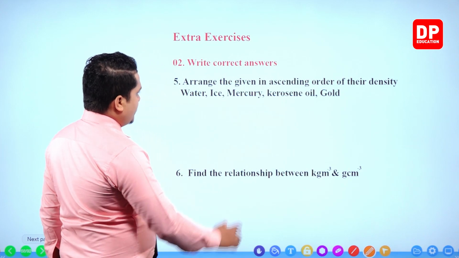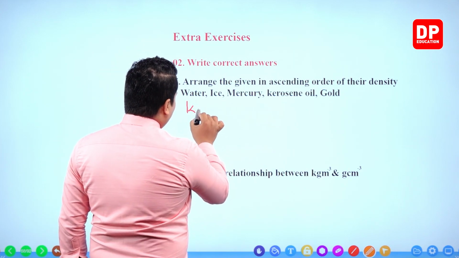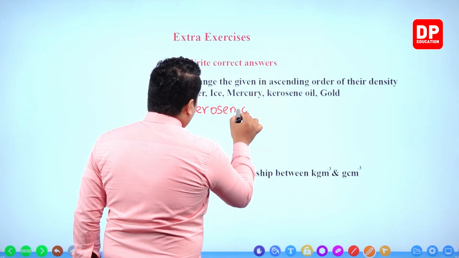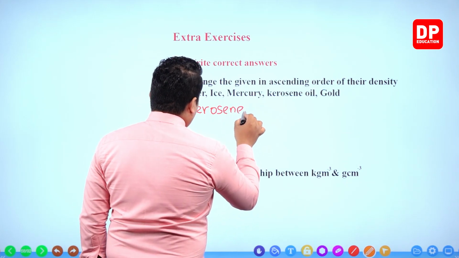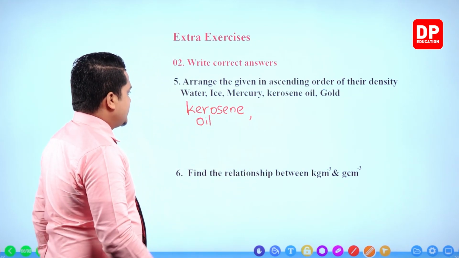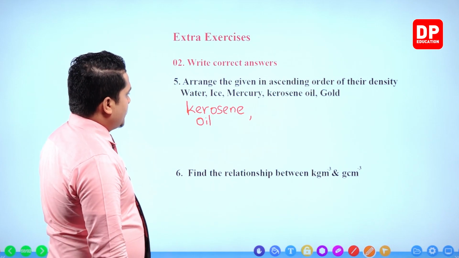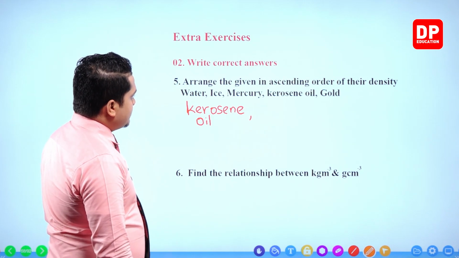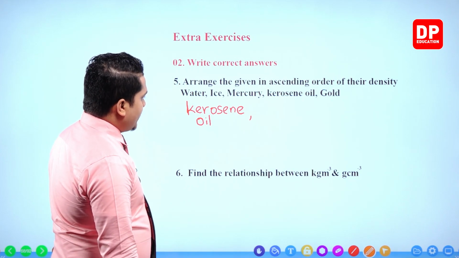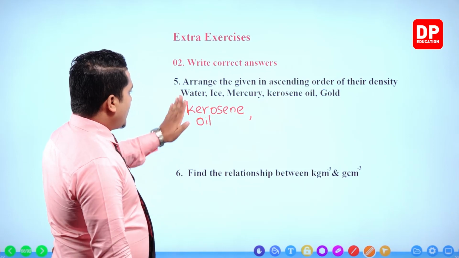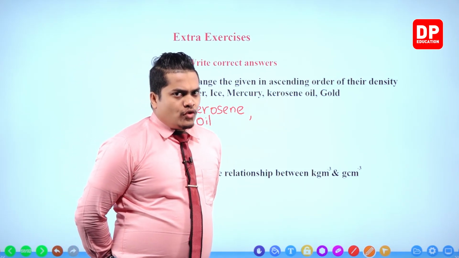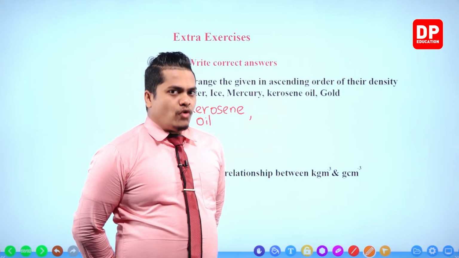You know that the kerosene oil is having the least density, right? Kerosene oil. This one is having the lowest density. Then water, ice, mercury and gold. After kerosene oil, my dear children, ice and water, which one has the low density? You know that ice is floating in water.